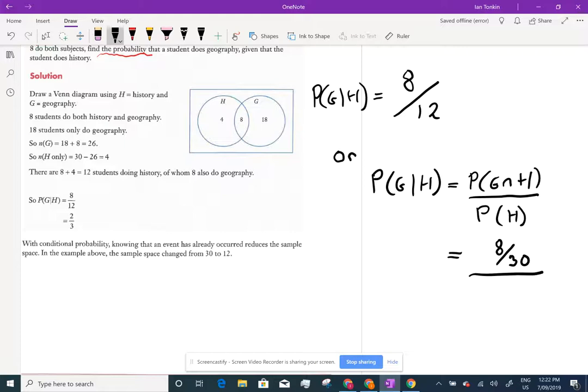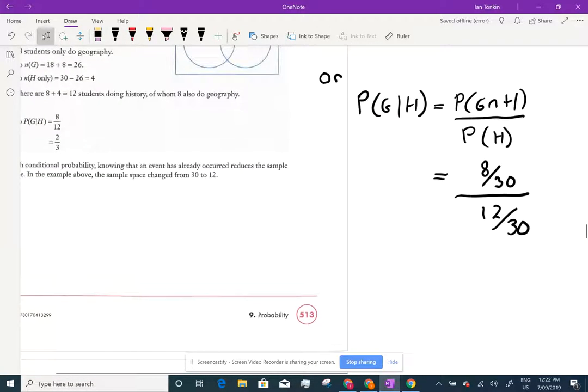And then the probability of a student doing history is 12 over 30. There are 12 students who do history. And when we have a fraction, we multiply by the reciprocal, so 8 over 30 times 30 over 12, which gives us, the 30s will cancel, 8 over 12. So now you can see how the formula works.